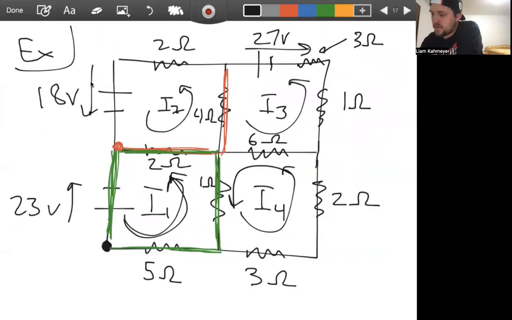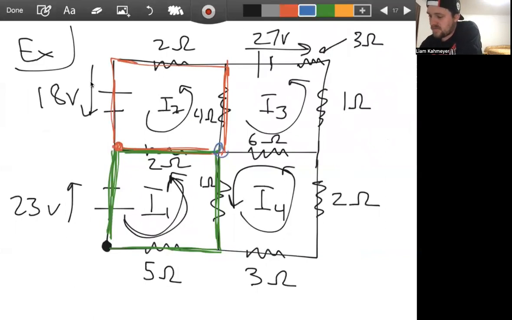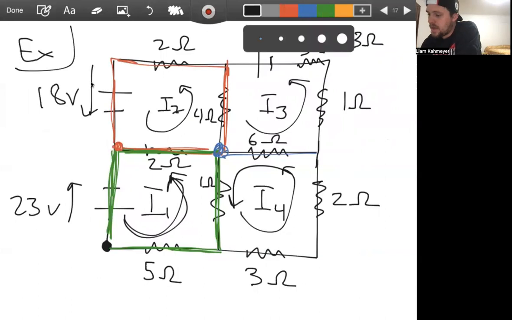Let's go around again. Let's pick a point. So we finished that circuit. I've been starting at the bottom left of all these, so let's start at the bottom left here again, and we go in the direction of the current. And we'll have 6I3, but minus 6I4, since again there's an opposing direction there.